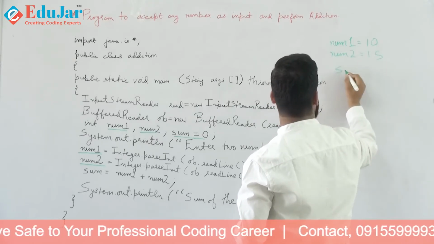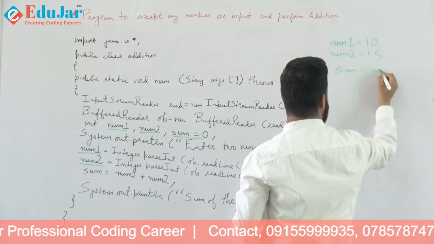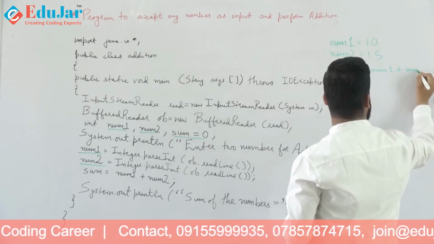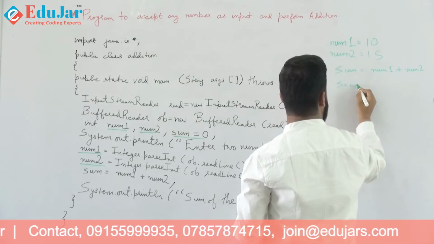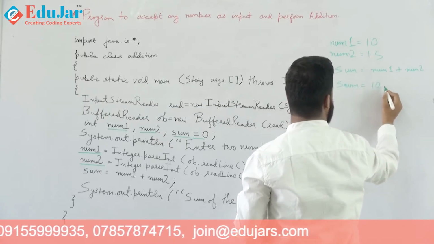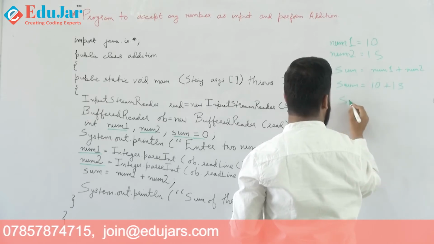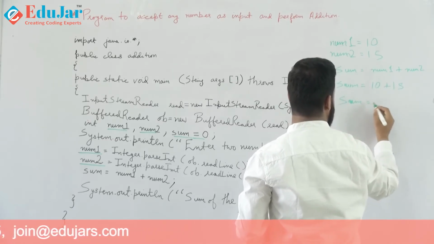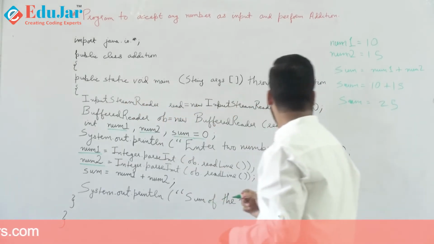So what is sum doing? sum = num1 + num2. Here num1 is 10 and num2 is 15. So the value of sum will be 25.